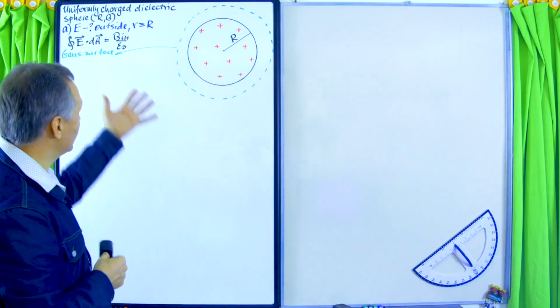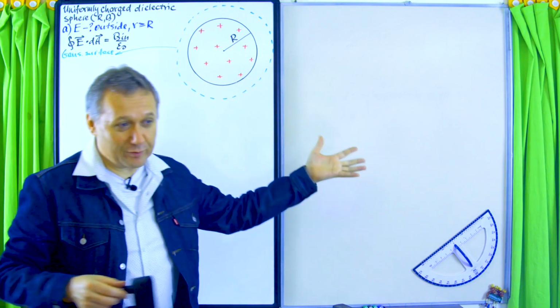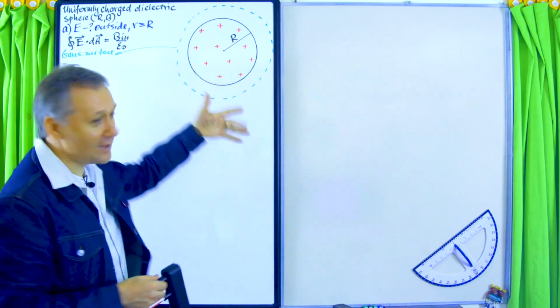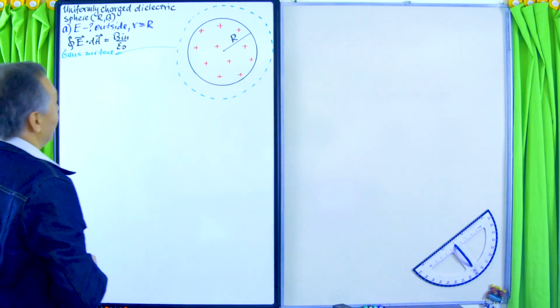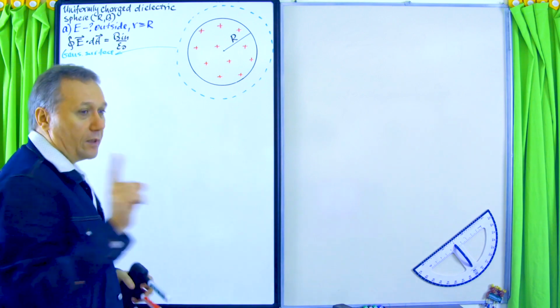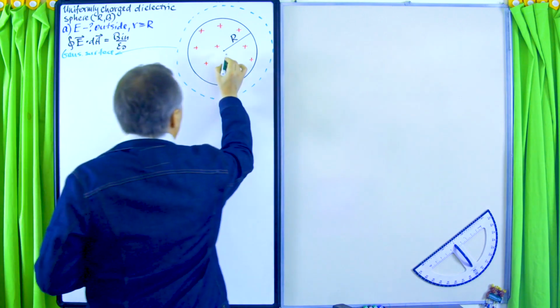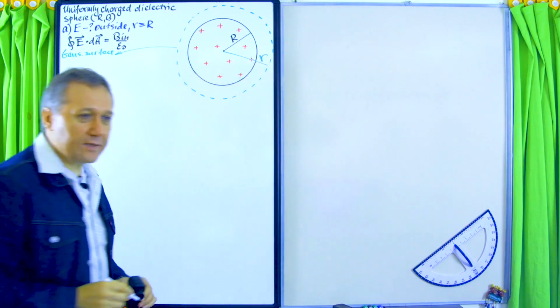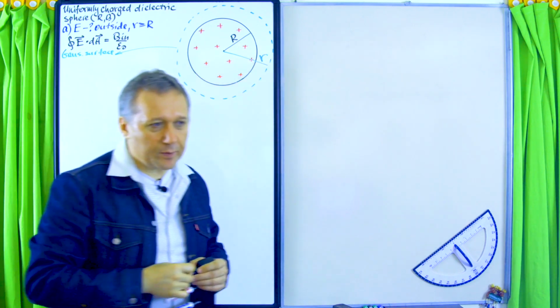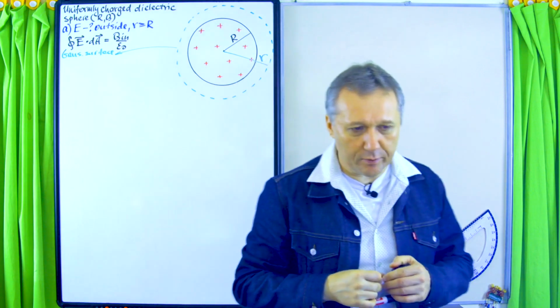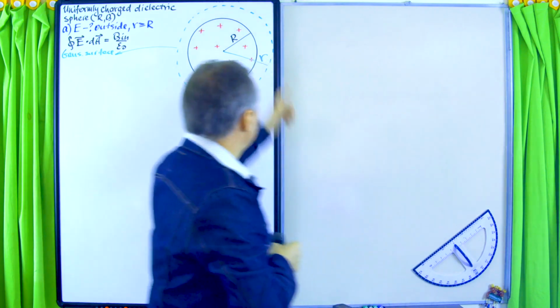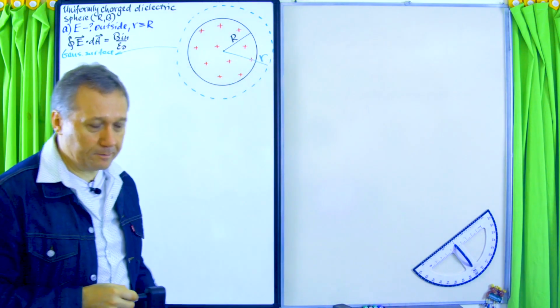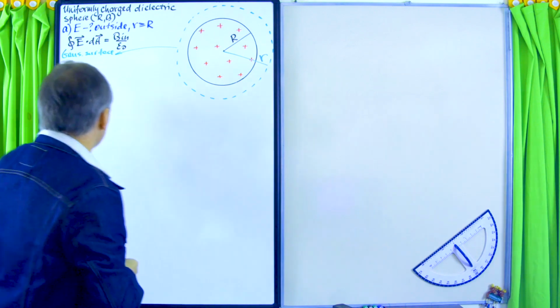I didn't graduate from an art school, I graduated from the physics department, so that's why it's slightly asymmetrical. But anyway, it has some radius r small. Basically, r small is sort of like a variable, some arbitrary radius. And of course, this r small is larger than R capital. Okay, so that's the first step.